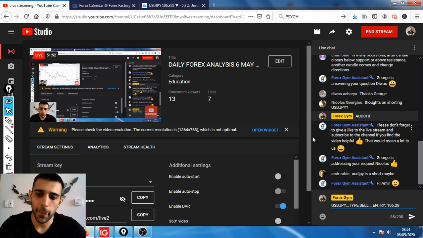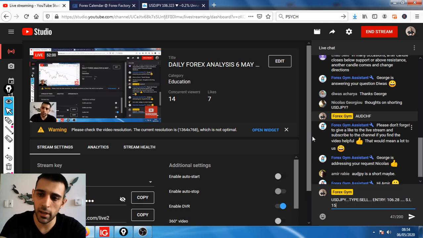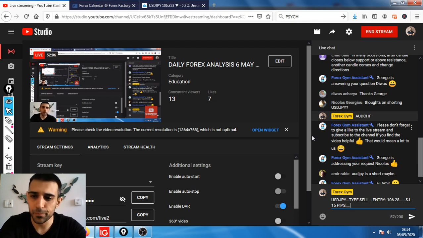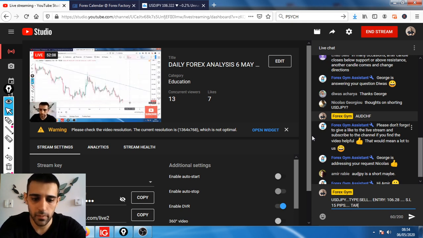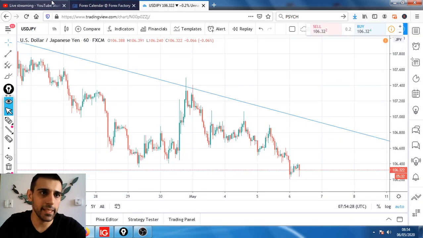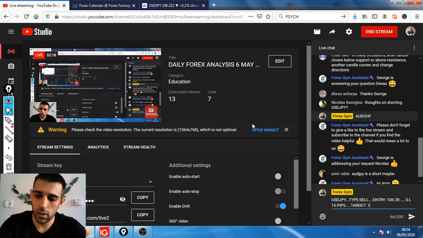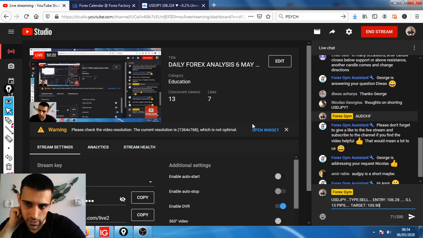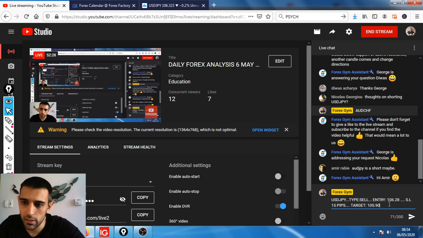So that's the entry with the stop loss. S and L stands for the stop loss, just in case we are confused about what S and L means. The stop loss will be 15 pips, and the target is going to be 105.90, I believe it was. So that gives us about 1 to 2 risk reward on that one, which is decent.